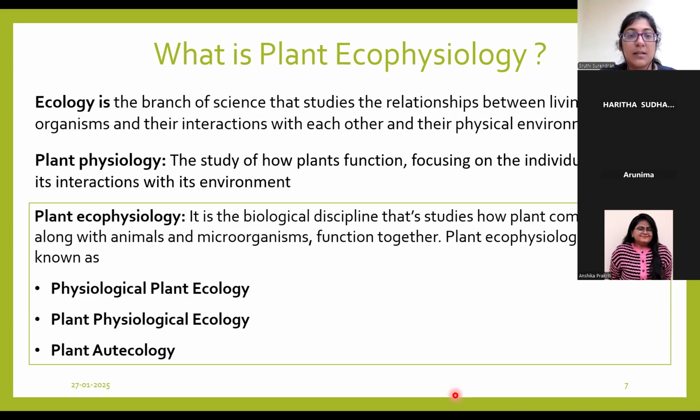And plant physiology is the study of plants, focusing on how they are functioning, particularly an individual plant. So when we club these two sciences together, we have plant ecophysiology. Plant ecophysiology also has various other names. You can know it as physiological plant ecology, plant physiological ecology, and plant autoecology.